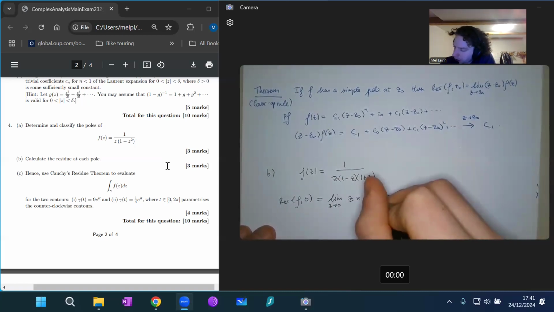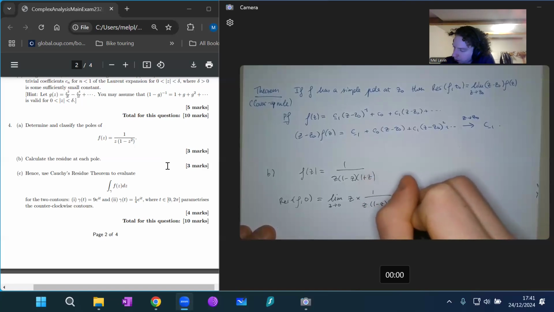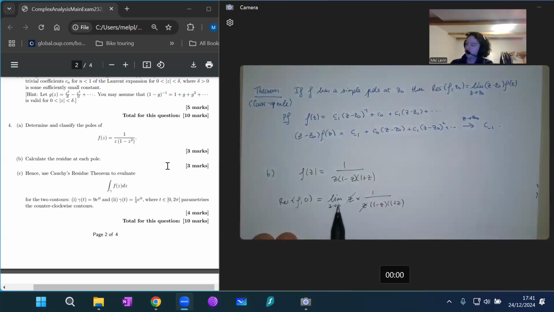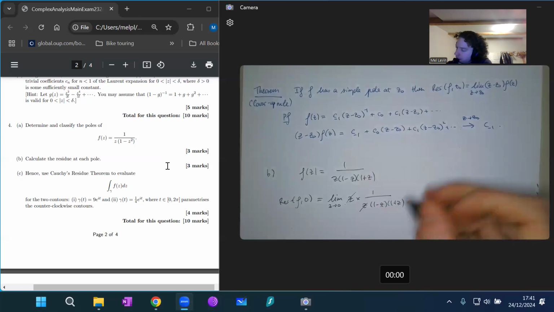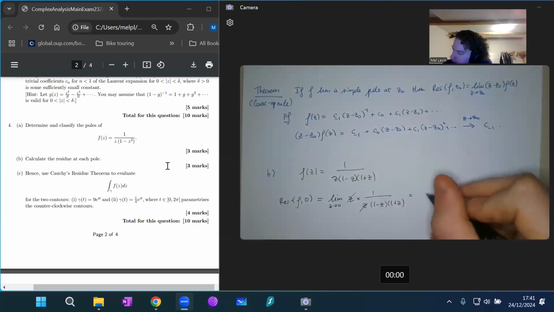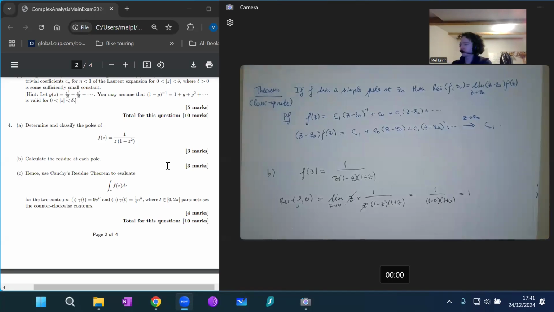So these z's cancel, and then taking the limit as z tends to 0, we can just plug in 0. So we just get 1 over (1 minus 0)(1 plus 0), so we just get 1.